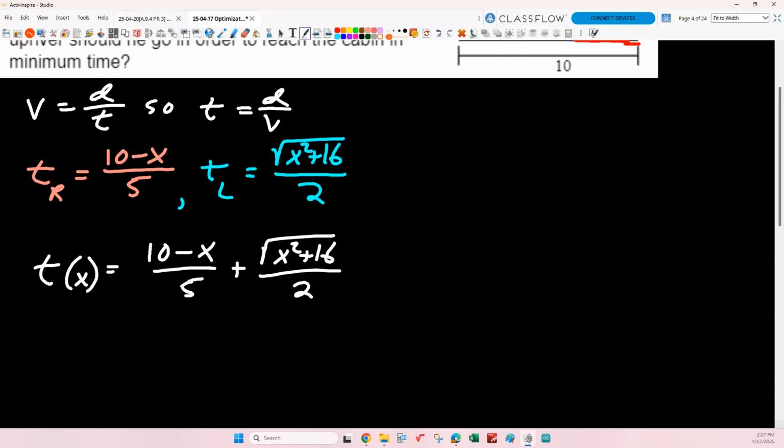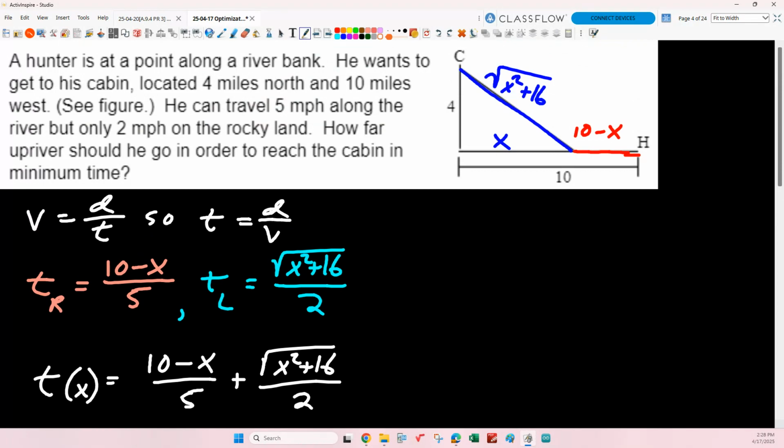Okay, what's our domain going to be? What's the smallest value that x could, and that's x, right? What's the smallest value it could reasonably have? What's the furthest extent that the guy could reasonably walk along the river? 10 miles.